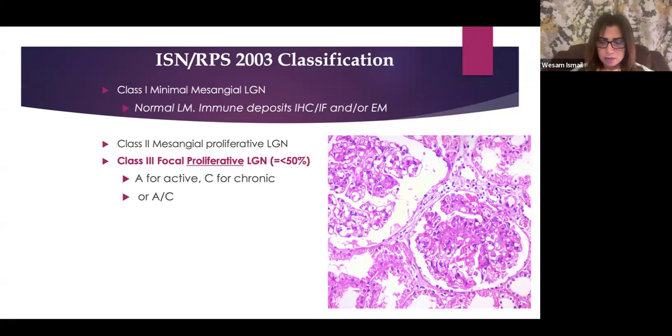Now, in the original classification, there was an attempt at a different scoring system where we used letters: A for active, C for chronic, or AC for active and chronic. Now, we don't use this anymore.